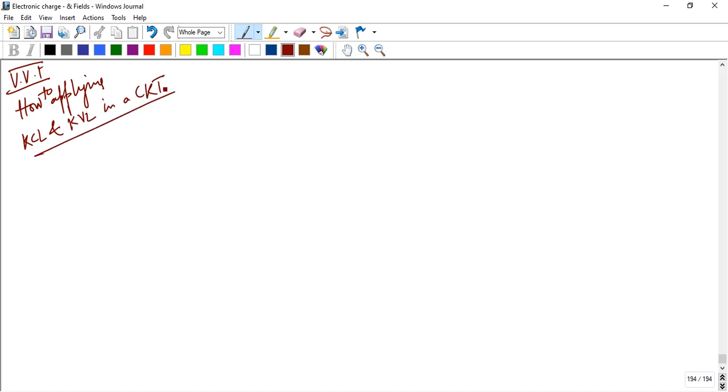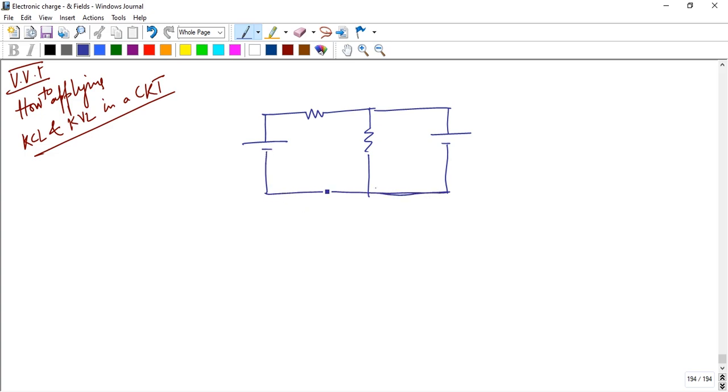Okay, choose a circuit here. Suppose there is a basic simple circuit with two sources.